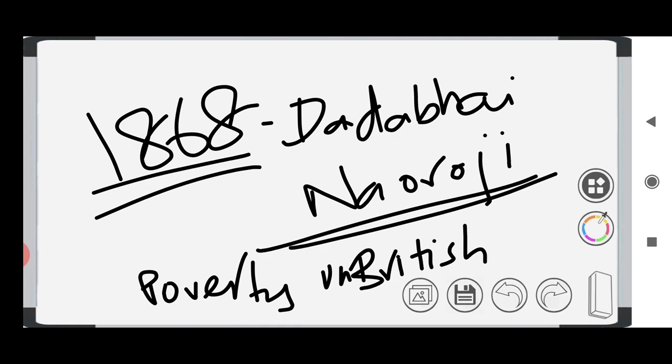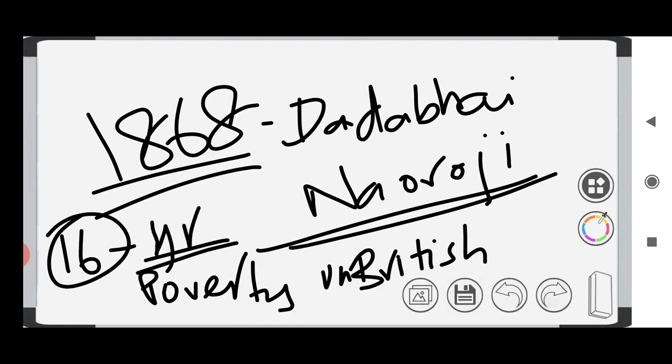He said, if you earn more than 16 rupees per year, then you are not poor. Which means that in 1868 itself he said that if you earn 16 rupees per year, you are not poor. Nowadays, if you earn 16 rupees per day, you can't manage your daily activities.